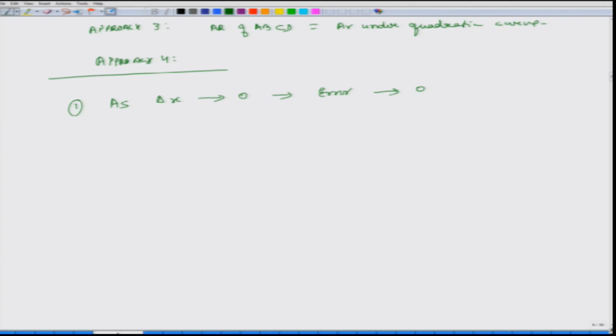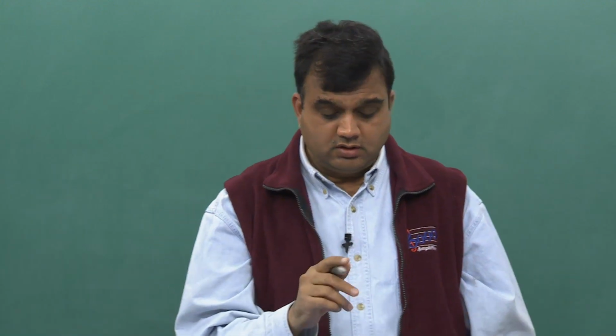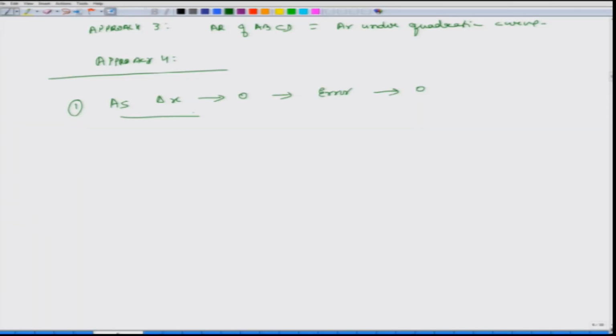This is one thing, which means that if the size of delta x is dx, which is infinitesimally small, then I will have 0 error. Agreed? This is one thing.